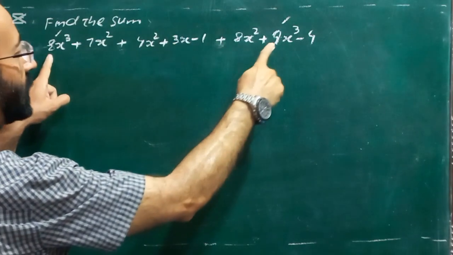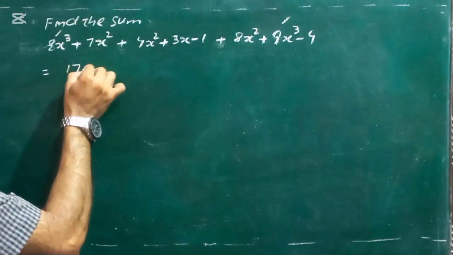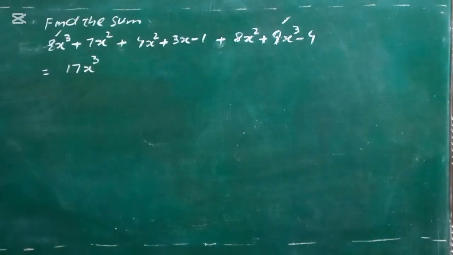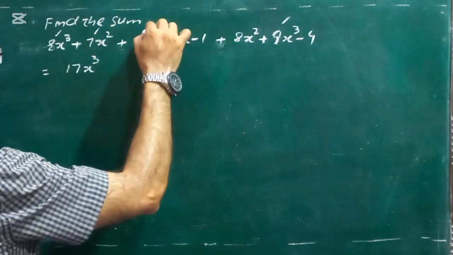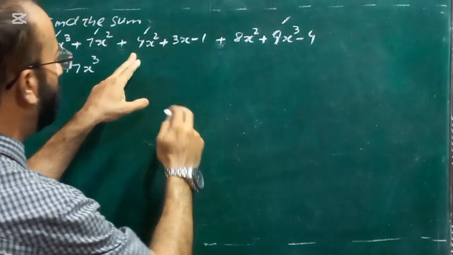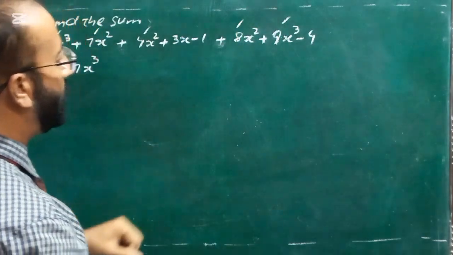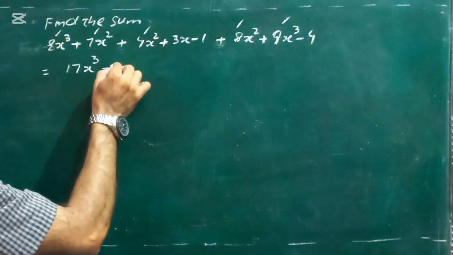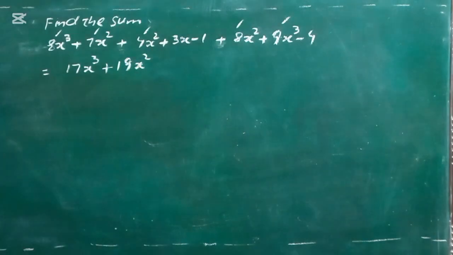So 8 plus 9 will be 17, and x cube will be written with it. Now solve the x square values. So 7x square plus 4x square. 7 plus 4 will be 11, and plus 8 will be 19. So plus 19, and x square will be placed with it.